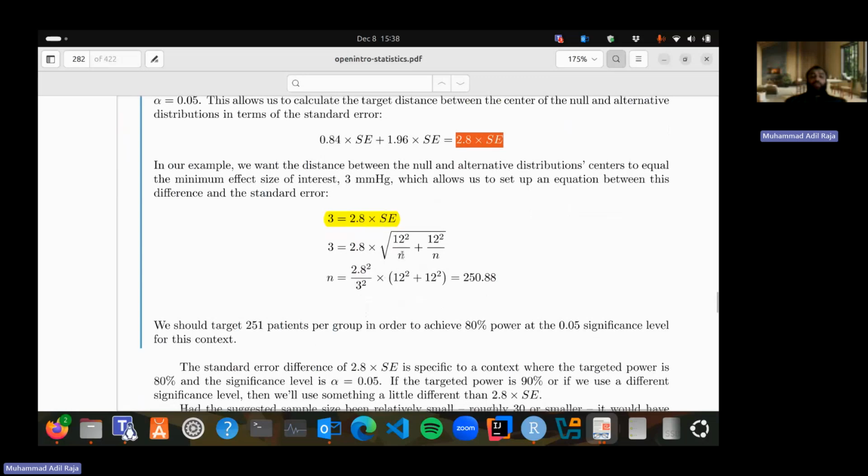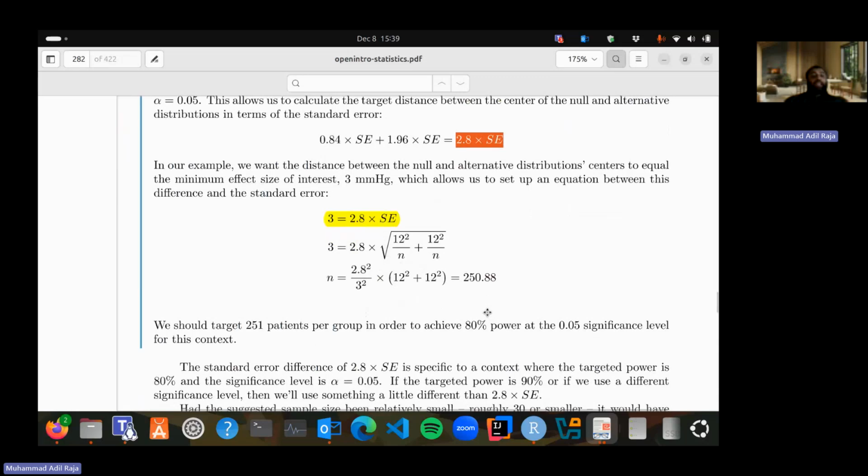We square it first, so it becomes 3 squared, 2.8 squared, and in the braces 12 square plus 12 square, divided by n. We move n over here and 3 over here, so n is equal to 2.8 square over 3 square times 12 square plus 12 square, which is equal to 250.88.